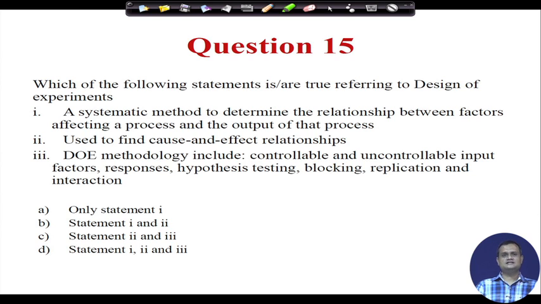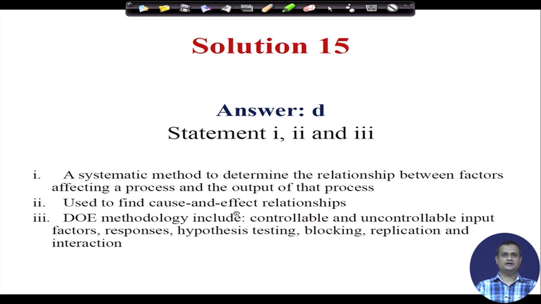A, only statement 1, B, statement 1 and 2, C, statement 2 and 3 and D, statement 1, 2 and 3. So, the correct answer is D, statement 1, 2 and 3. These are related to design of experiment, and it is a systematic method to determine the relationship between factors, used to find cause and effect, and this includes controllable and uncontrollable inputs.